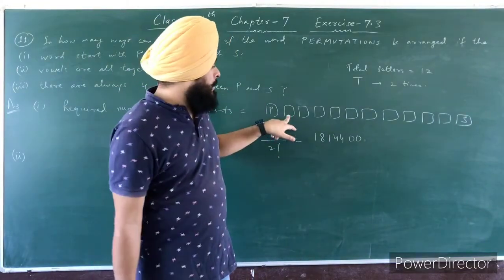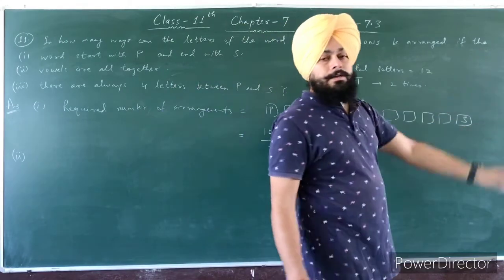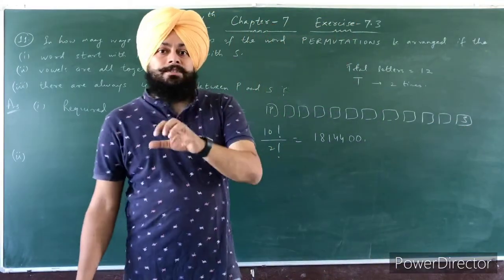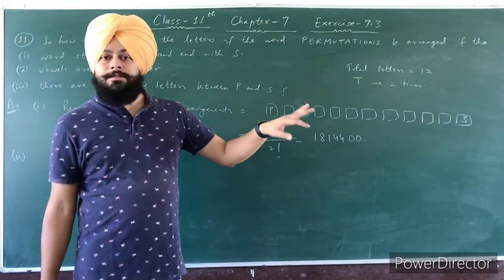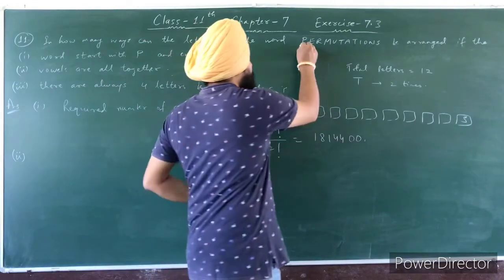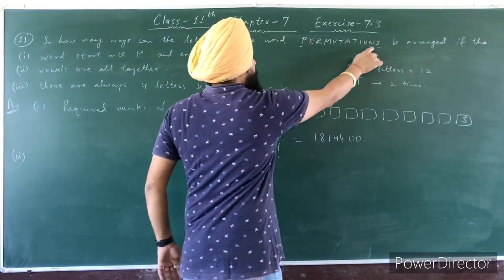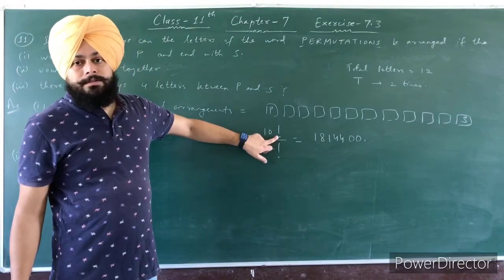So how many letters are left? 1 2 3 4 5 6 7 8 9 and 10. So there are only 10 choices to put a letter, except P and S because they are already fixed. Clear students?